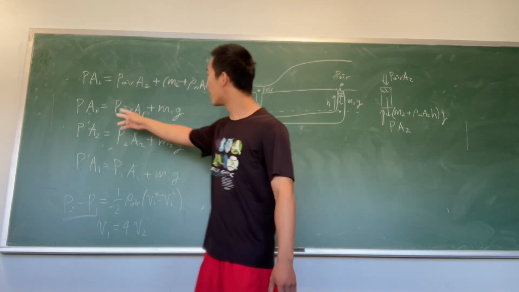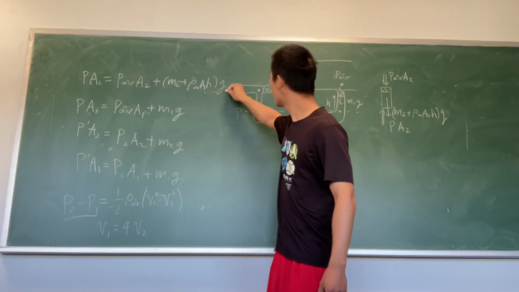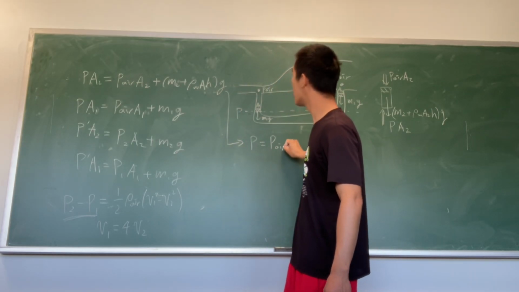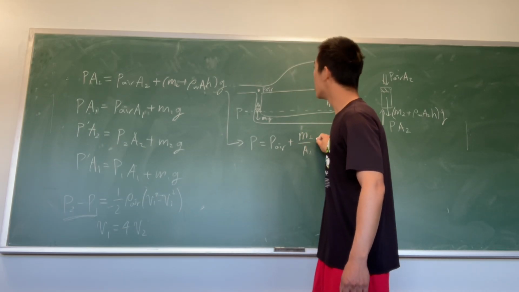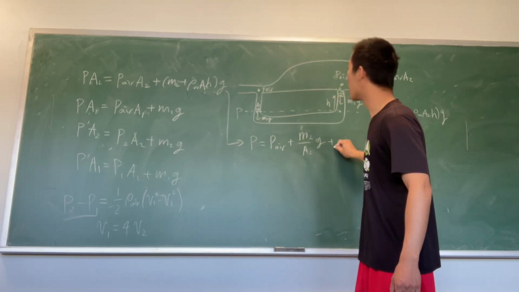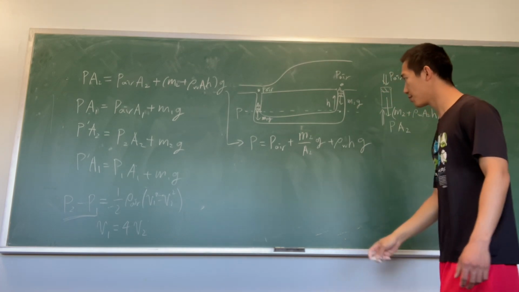All the pressures here have area by the side, so let's divide the area out. The first equation becomes P equals P air plus M2 over A2 G, here is also A2. So here I have density of water, height of the water here plus G.